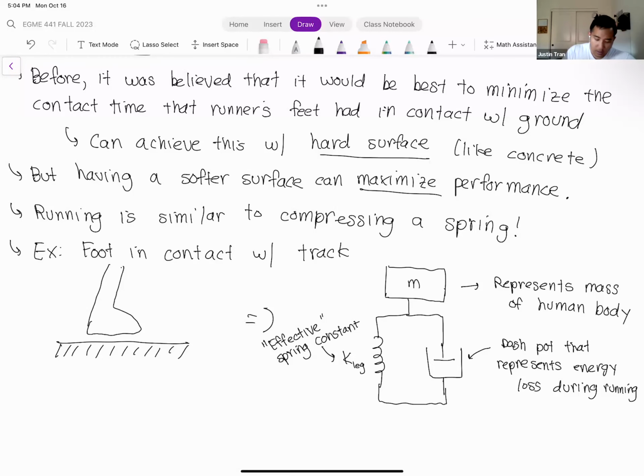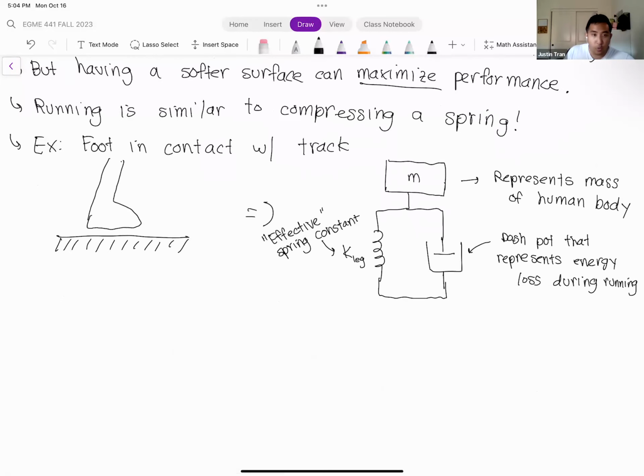But what scientists found was that if we represent the track as a spring constant as well, where this K track represents the elasticity of the running track.